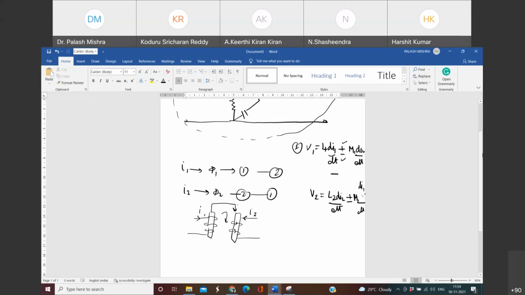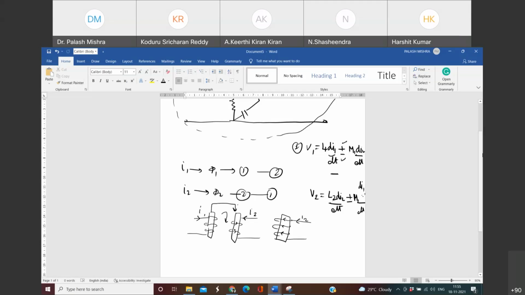Okay. But now suppose the winding is wound something like this. Now you tell me whether I2 will support or oppose I1. Oppose. Current direction is in this direction. Tell me. Oppose.